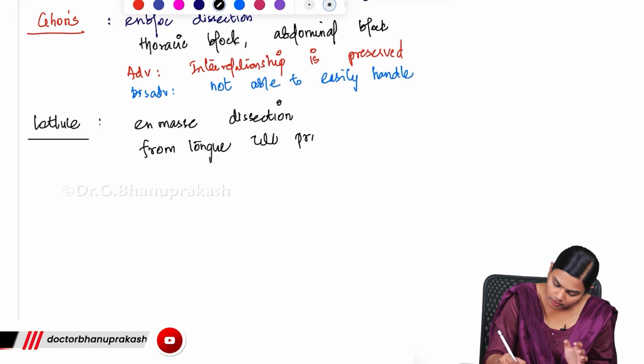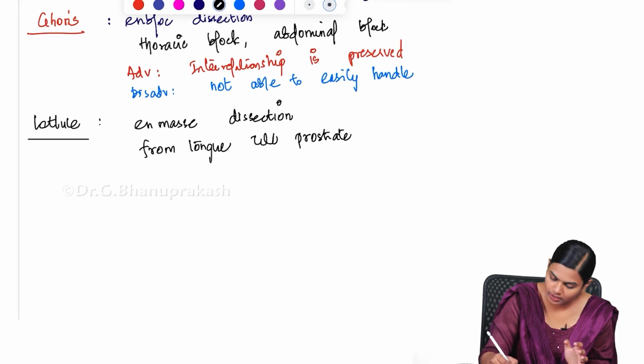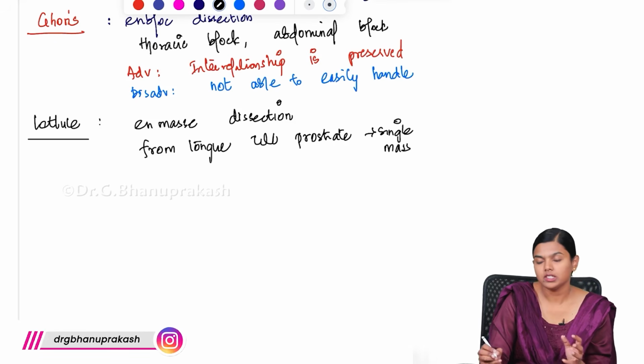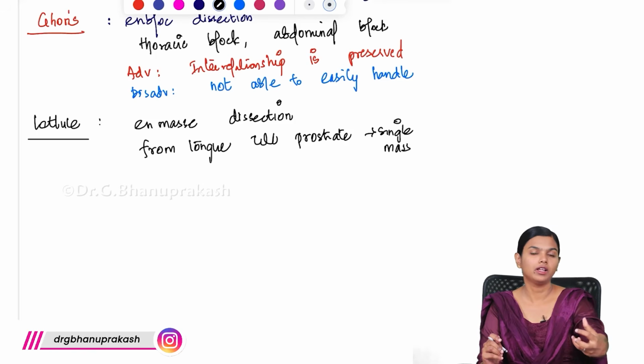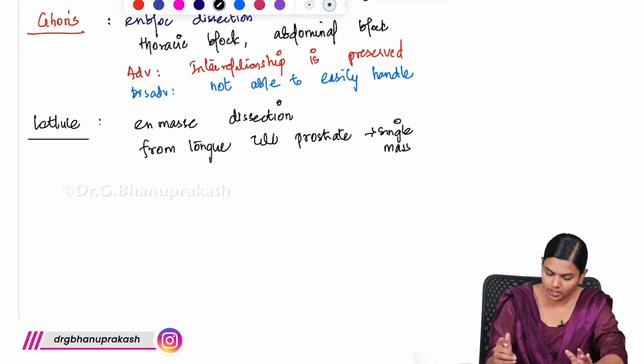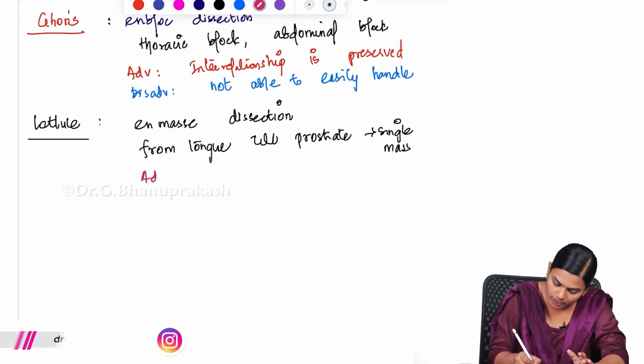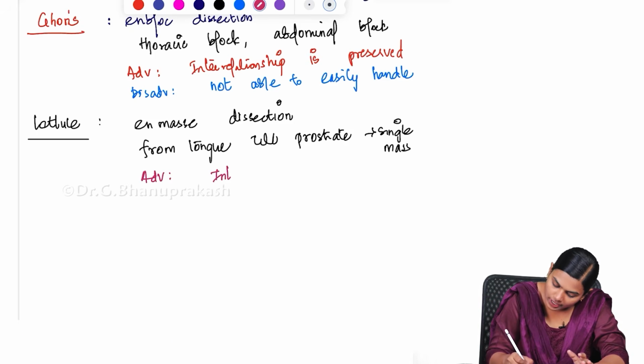Completely, you just strip it away and a whole block comes out. And the main advantage of this is that you will have all the interrelationships.